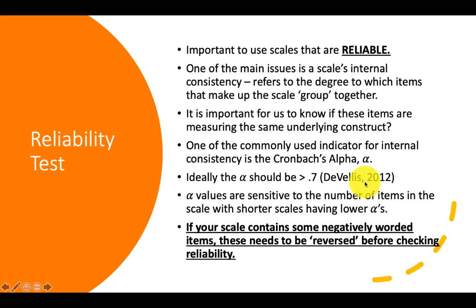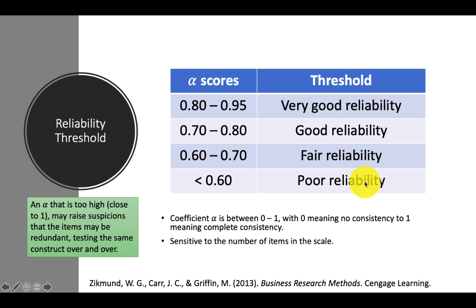But the general convention is that more than 0.7 is already good enough. But your alpha score cannot be close to 1, as in it cannot be more than 0.95. That indicates that you have items that are repetitive, actually measuring the same thing. So these are the alpha thresholds that I was talking about.